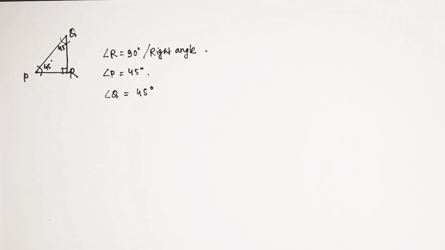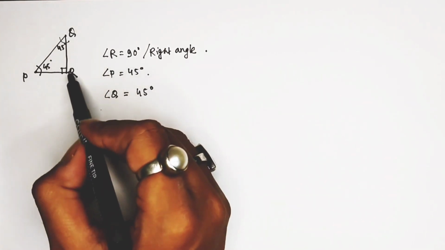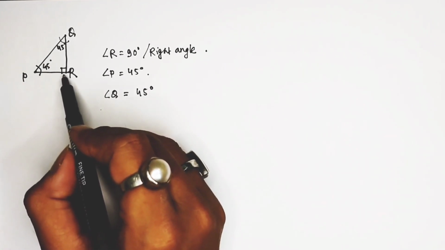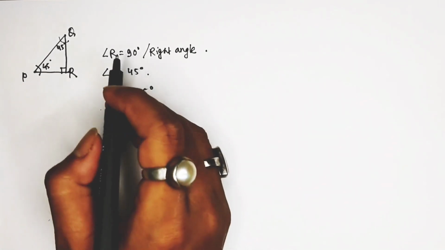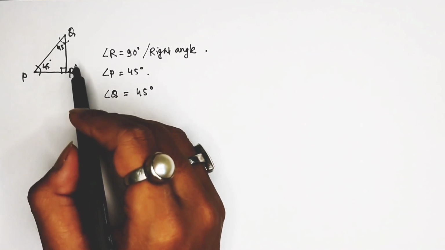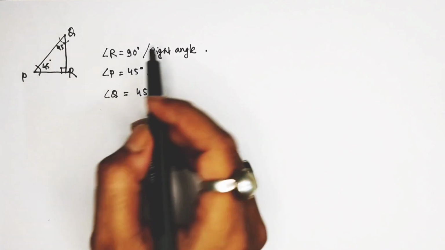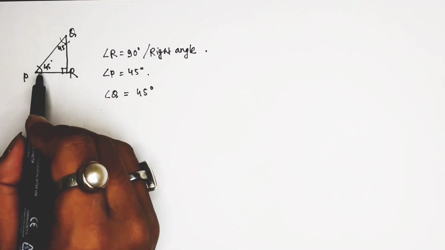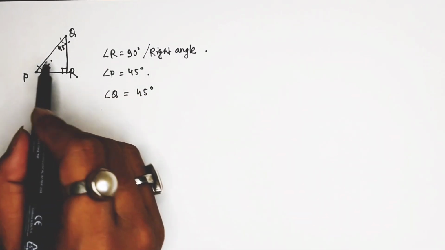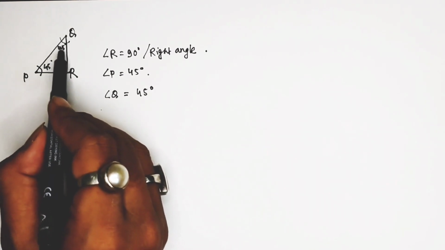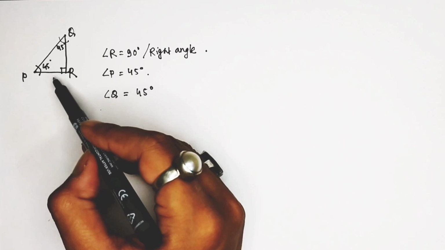So in this triangle, the length of QR and PR must be the same, because we know that the sides opposite equal angles must be equal in a triangle. Here the angle is 45 degree and the opposite side is QR, and here the angle is 45 degree and the opposite side is PR.